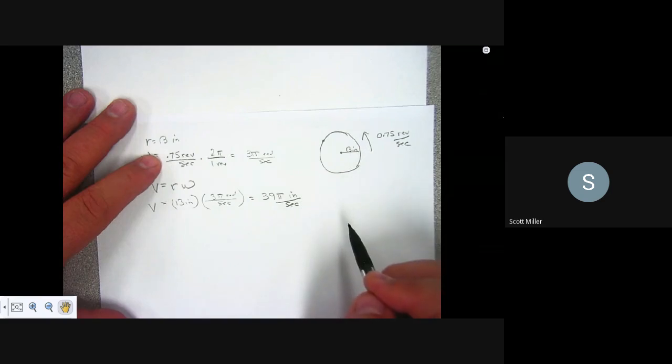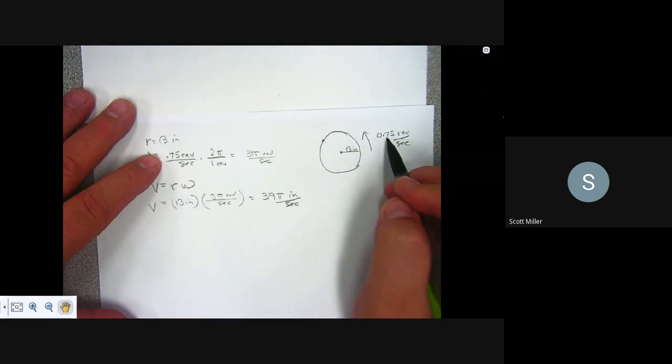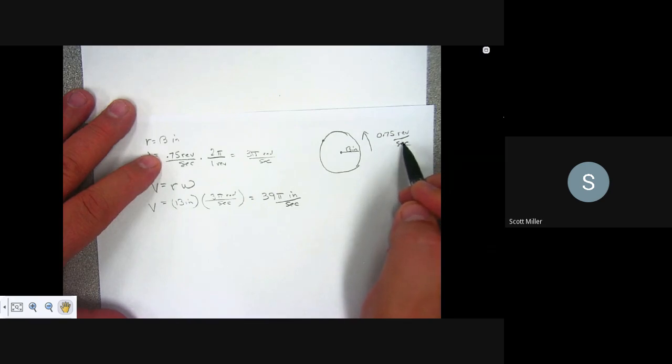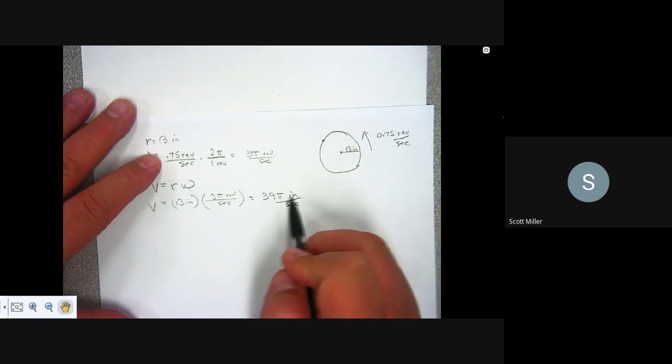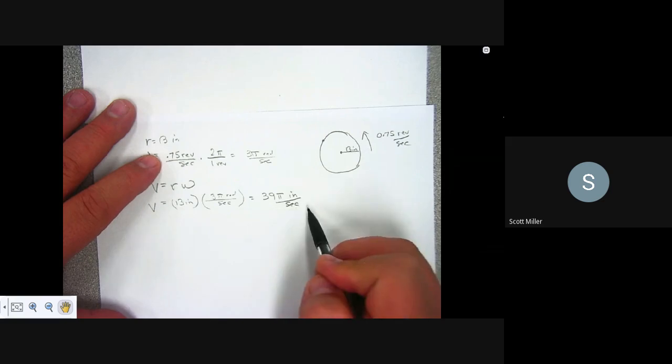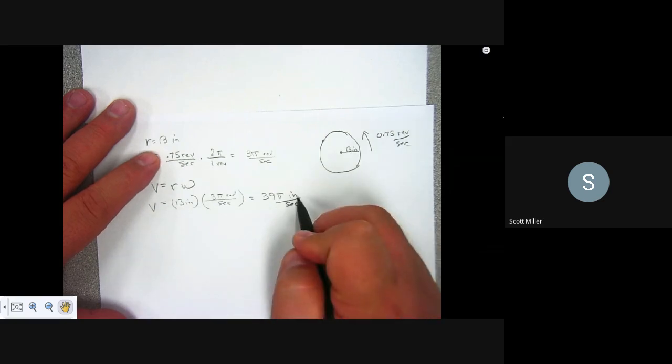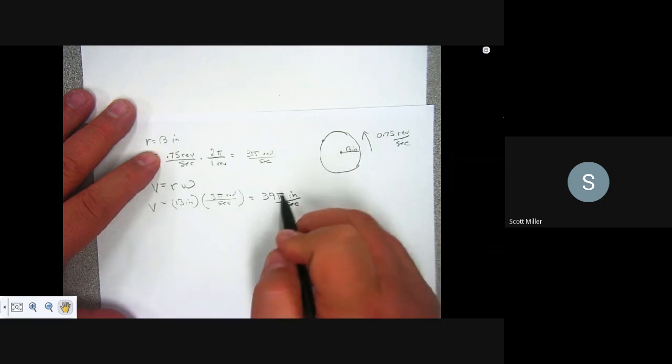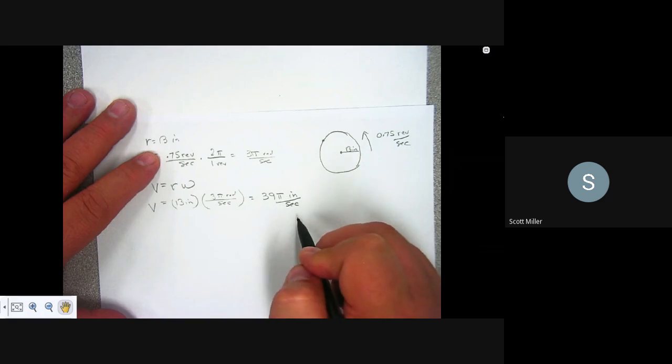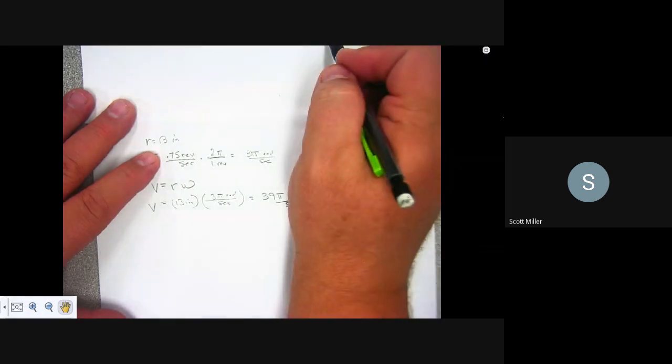Because this right here means 0.75 revolutions per 1 second. This is 39 times pi inches per 1 second. So if I convert this to minutes, then it'll be that per minute.